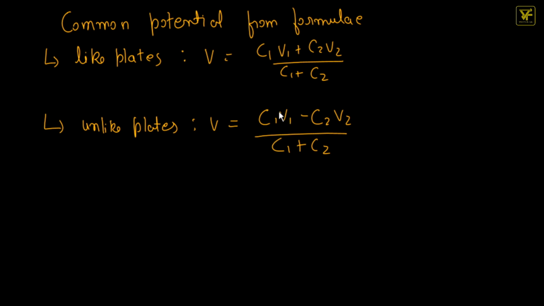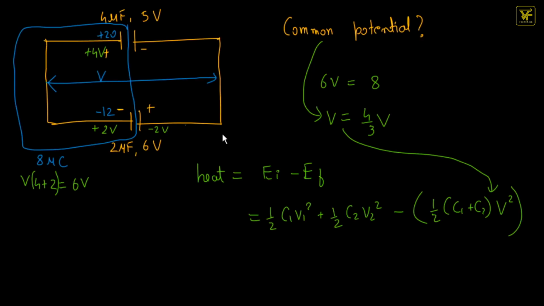Similarly, if you look at the other formula, it is C1 V1 minus C2 V2. So in the last example, you have C1 V1 minus C2 V2. C1 V1 is the charge on one capacitor. C2 V2 is the charge on the other capacitor, 2 into 6, 12. But you added a negative sign because this was connected in opposite polarity. So minus 12.